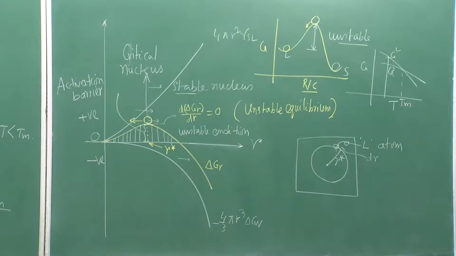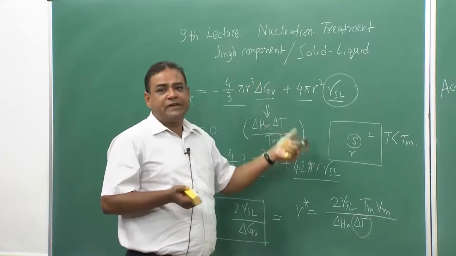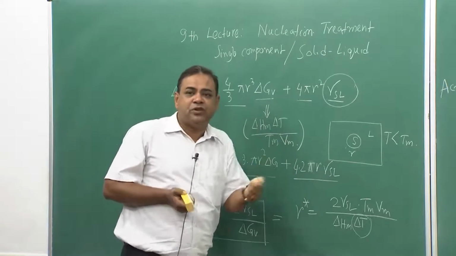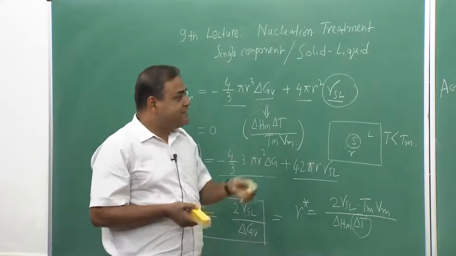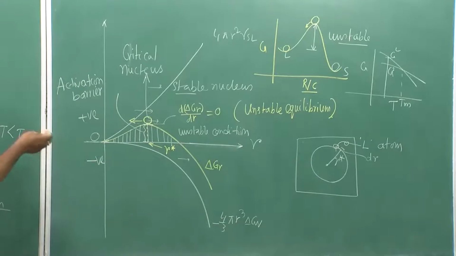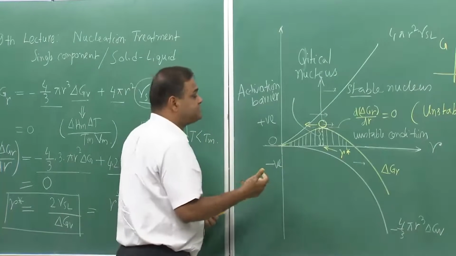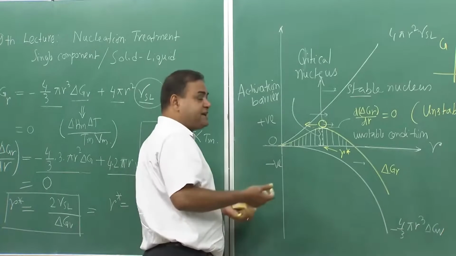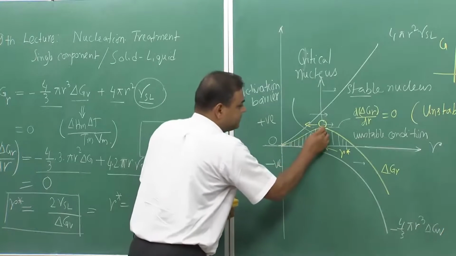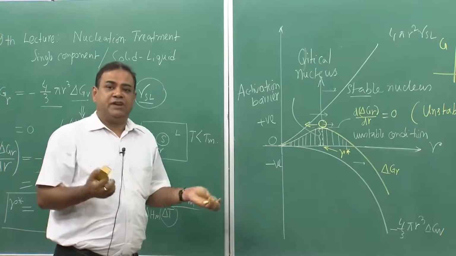It has to acquire sufficient negative energy before it converts from liquid to solid. Okay? So, this activation energy has to be crossed. That suggests that this liquid atom has to gain sufficient energy, has to get sufficient excitement to cross this barrier and go to the other end. So, that time we have nucleation.